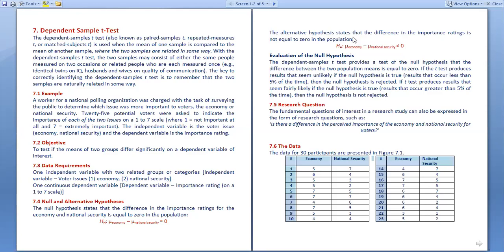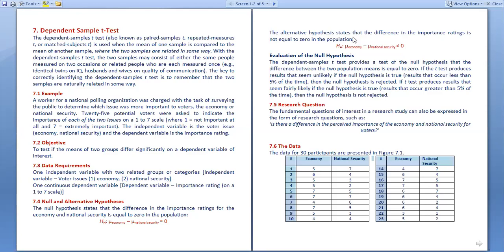So there is no significant difference in the importance given to economy or national security as an issue by the voters for the national polling.